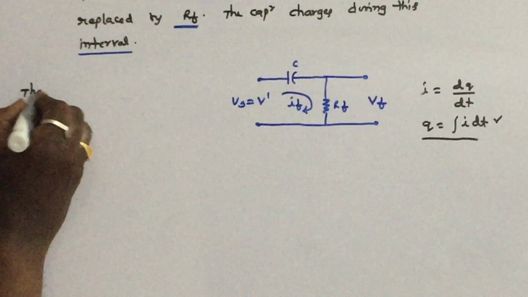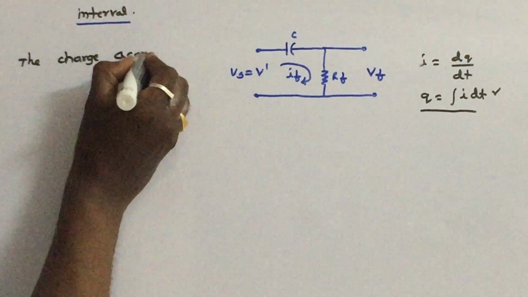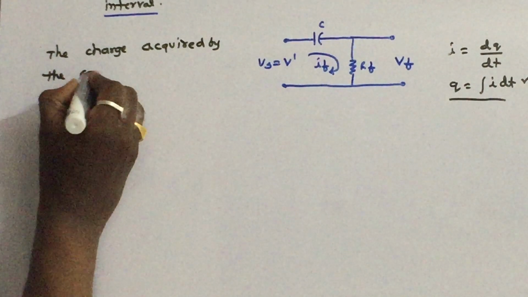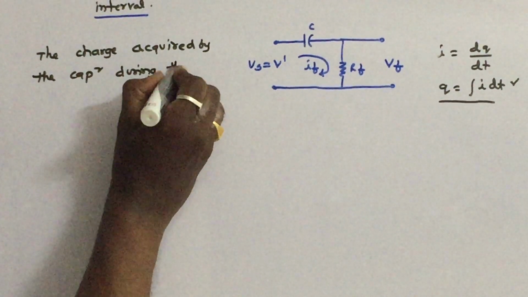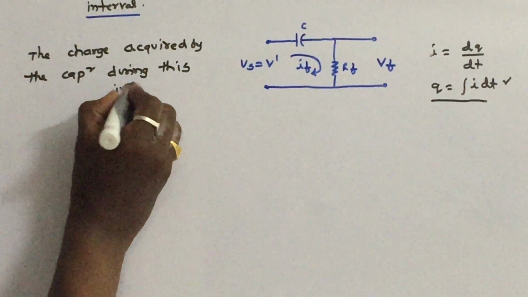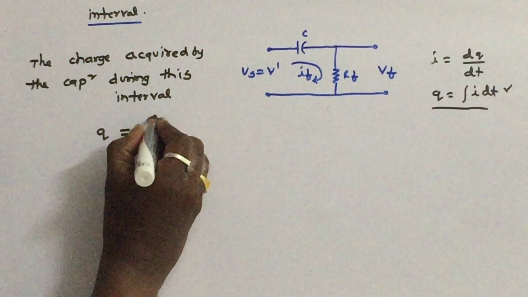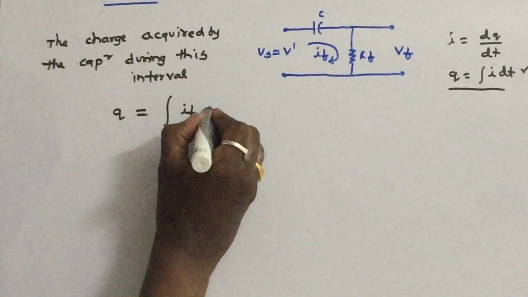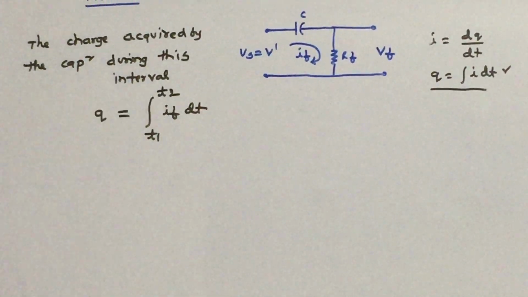The charge acquired by the capacitor during this interval, that means during T1 to T2. What is the formula which I have given? The charge acquired by the capacitor is equal to the integral of the current in the circuit, IF into dt, over the interval T1 to T2.